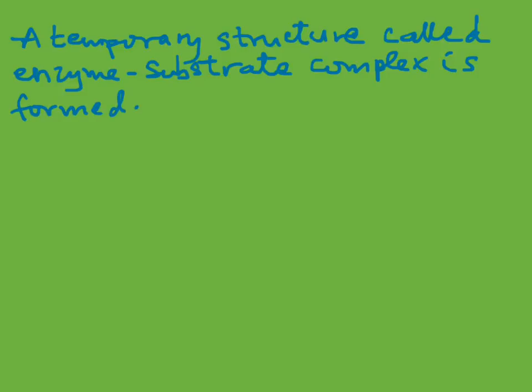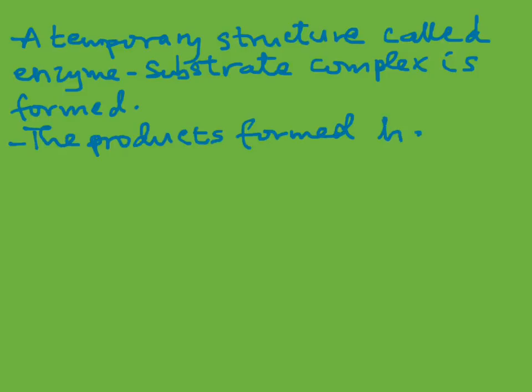We have explained this: when the substrate binds to the active site of the enzyme, an enzyme substrate complex is formed. And this is temporal, very short-lived, because in the long run it will lead to the substrate product complex that will release the product and allow the enzyme to be free to catalyze other reactions.